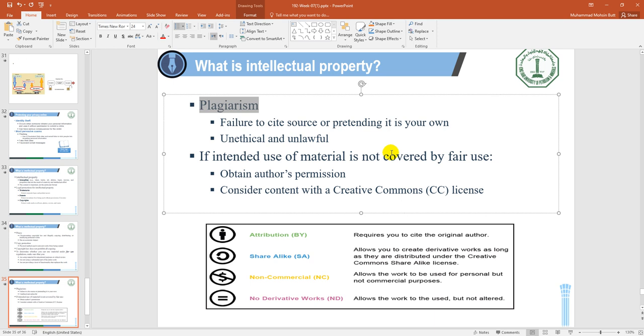Write it in your own words, and then at the end of the report make a separate section called the references chapter. In the references you include the links of all the source material that you used, in such a way that you are giving credit to the creators as well. So this is a proper way to write your report. Make sure you don't plagiarize your work. It's unethical and it's unlawful as well.